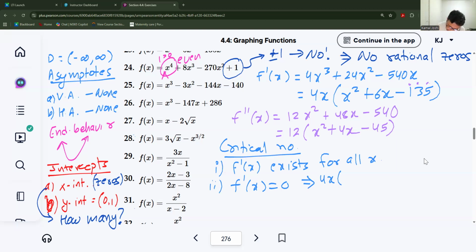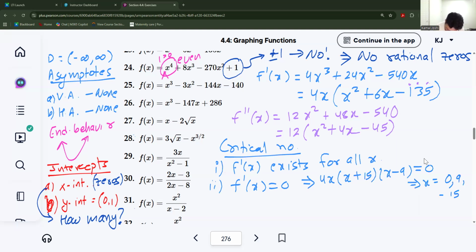All right, so 9 and 15 plus 6, so I'm going to write plus 15 here and minus 9 here, equal to 0. So that gives you x as 0, 9 and minus 15, right? Okay, and those are the critical numbers.